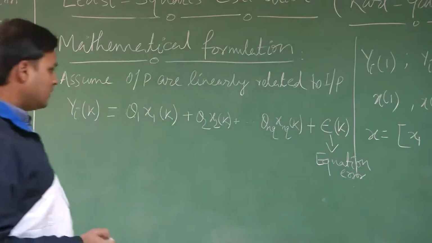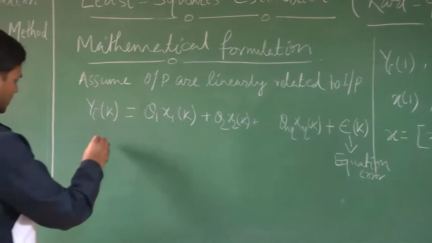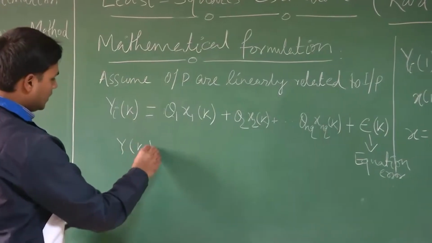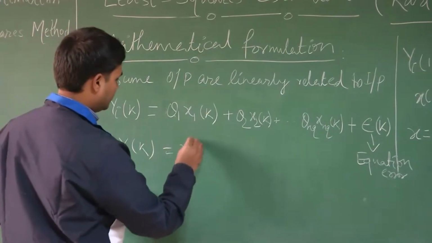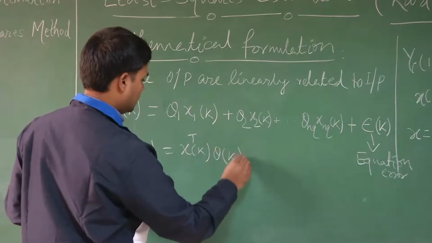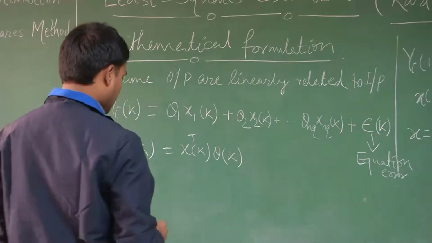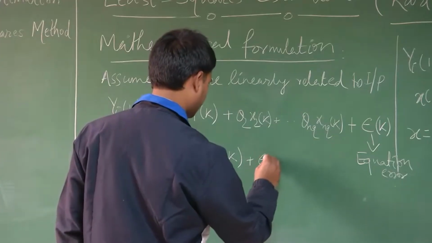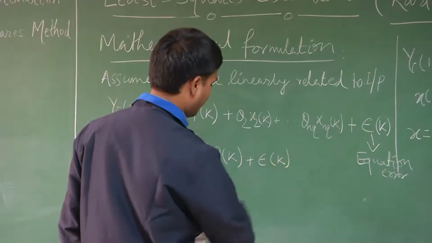In matrix form you can write it like this: y k equals x transpose theta of k plus epsilon k.